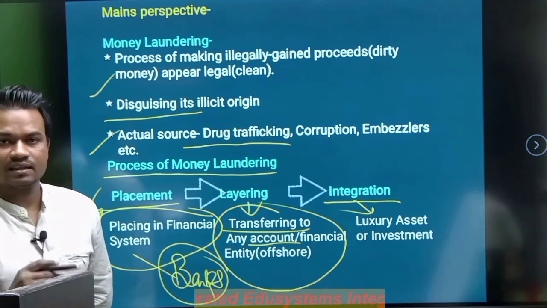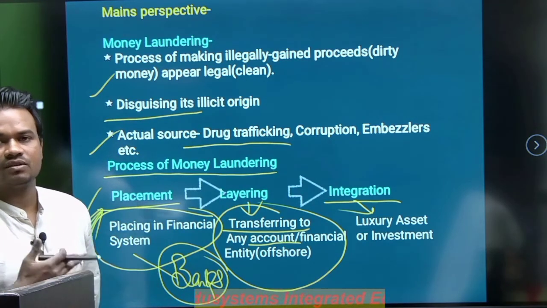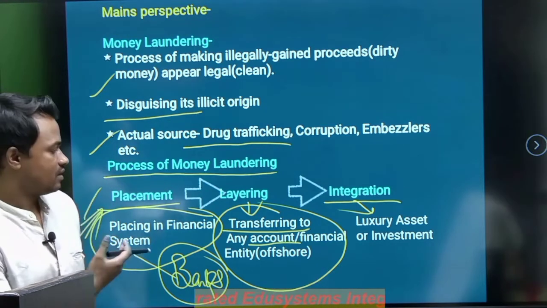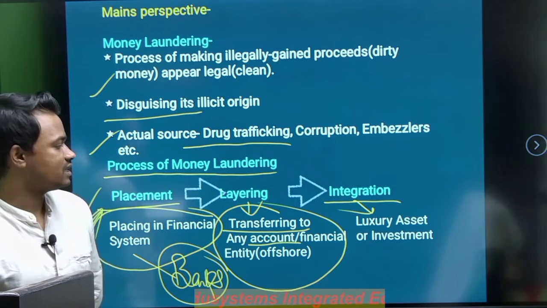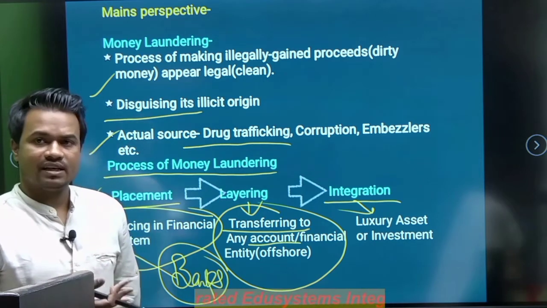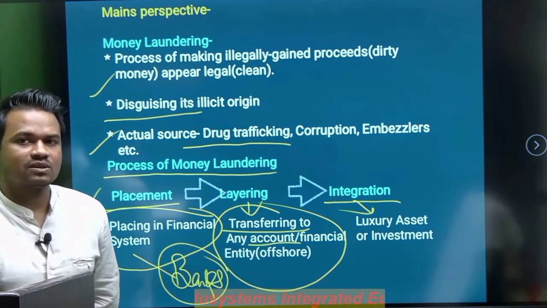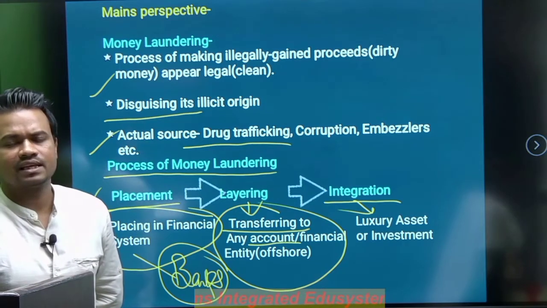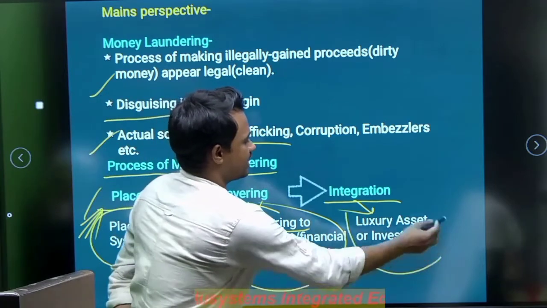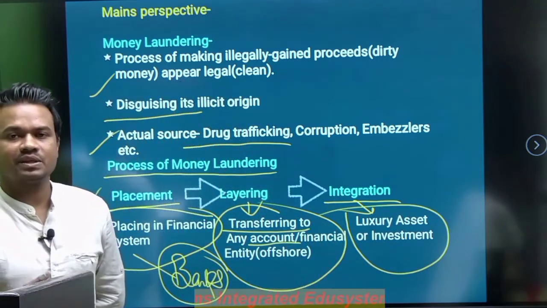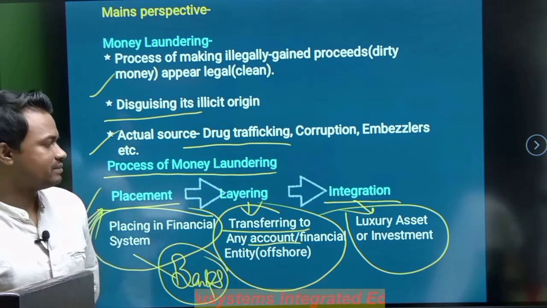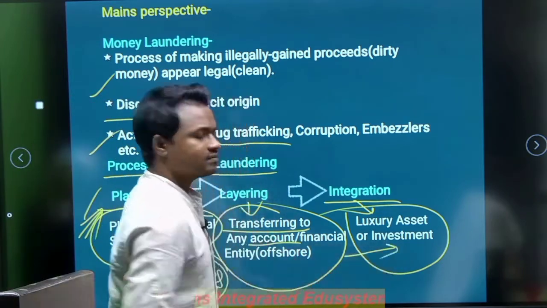After transferring the money from one bank to another bank's account, or to foreign entities or offshore financial institutions, maybe a bank or an investment abroad, in a process of layering, thereafter the third process of money laundering is the integration, in which generally a luxury asset is purchased, any house, car, apartment, or an investment in a financial security.